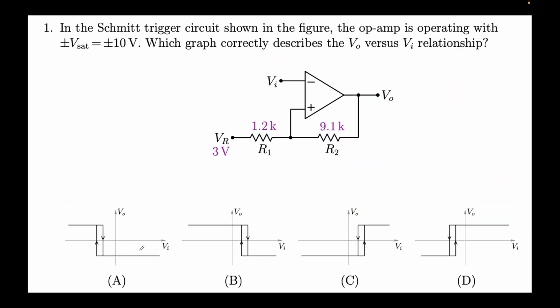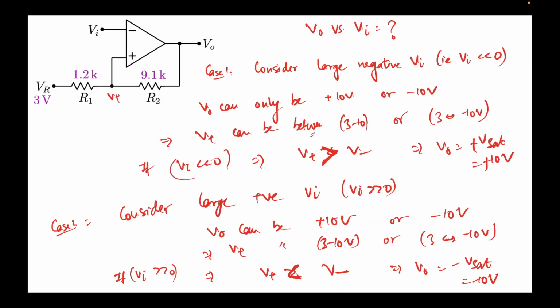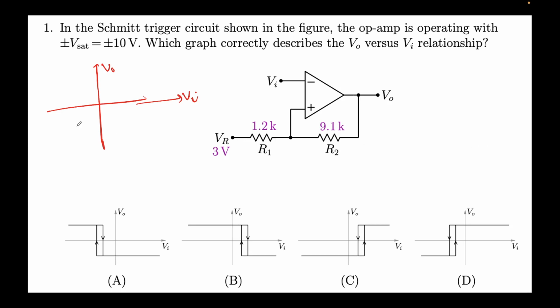So what we saw in case 1, if you remember, is this V out versus V in. For very large negative Vi, the output was plus Vsat, so we are here.